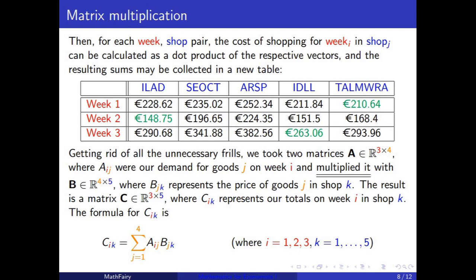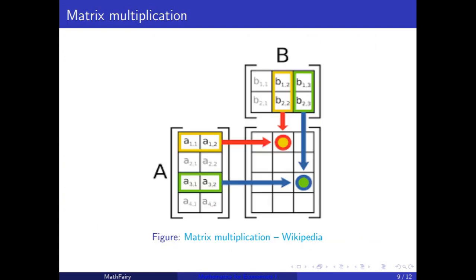And the formula for the result was that in C we got the ik element by adding together the appropriate products of a_ij and b_jk, where j is a summation index. And we have to do this for all i and all k indices. One way to remember this scheme is through the following figure.